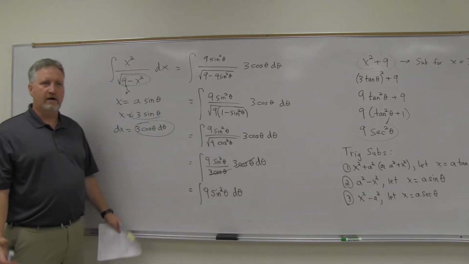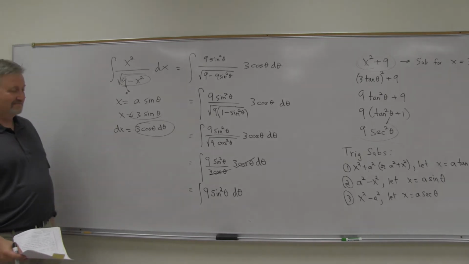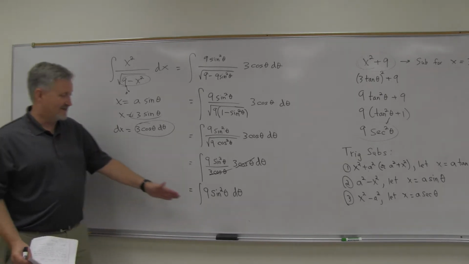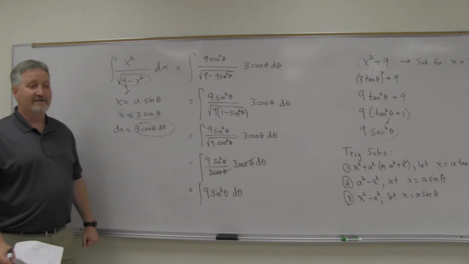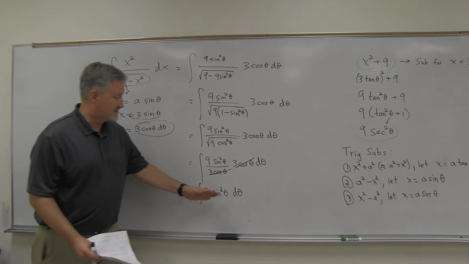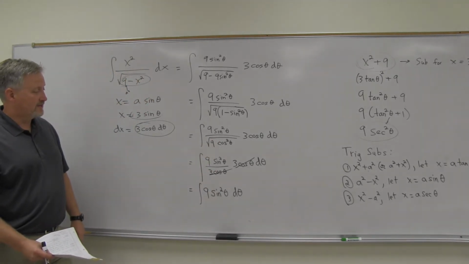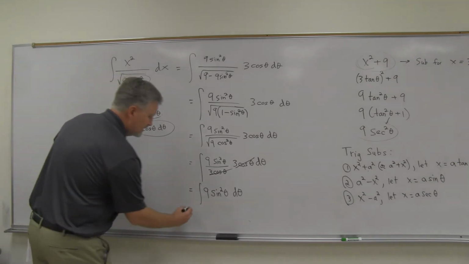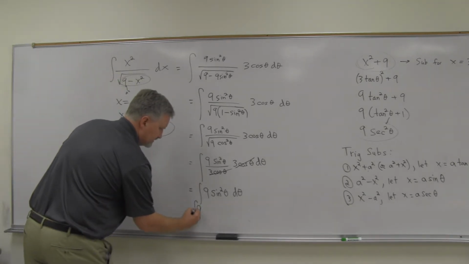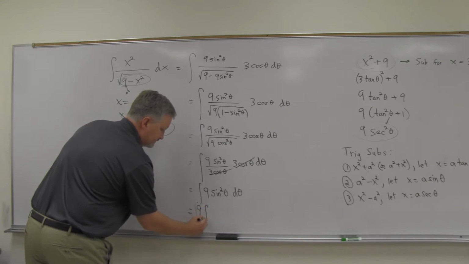Well, all right, so we know a little something about that. We can do that via the double angle identity. We've got even-powered sine, so that tells me to go into the double angle. Where are you going to put the 9 there?